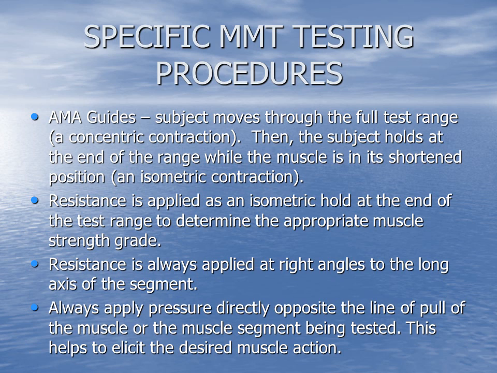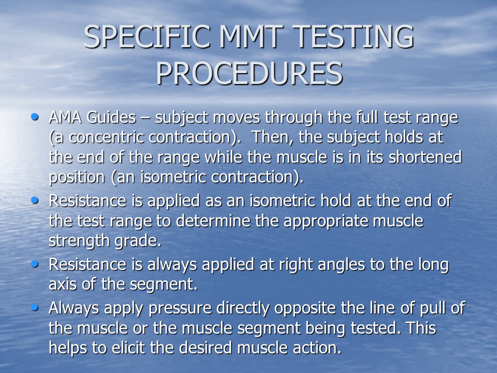Okay, so further general principles, and this is right from the AMA Guides. We first have the subject move through the full test range of motion. That involves a concentric muscle action. Once the examinee demonstrates the capacity to move through the full test range of motion, the subject assumes the test position and holds at the test position while the muscle is in its shortened position, and this involves an isometric contraction.